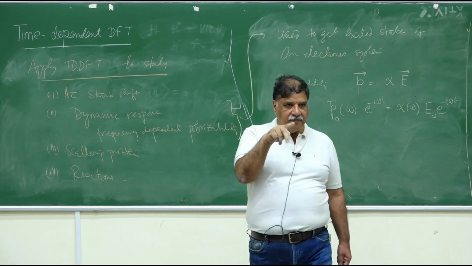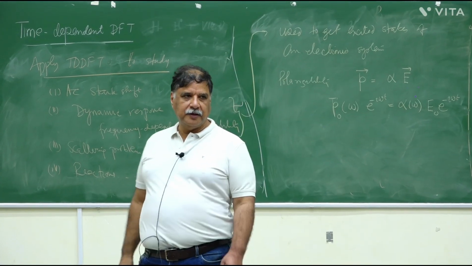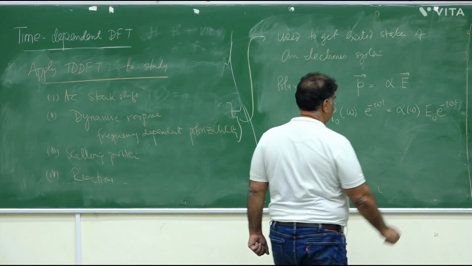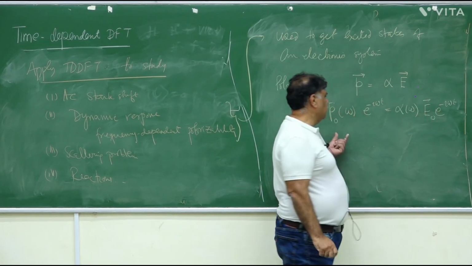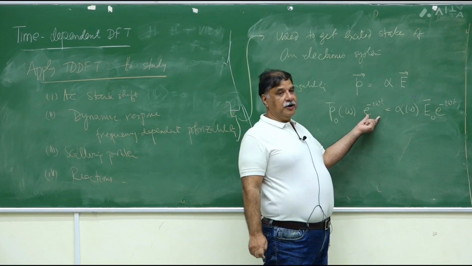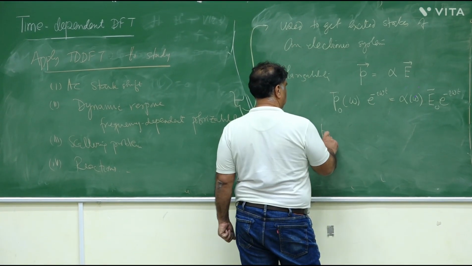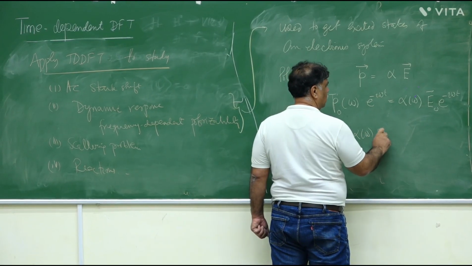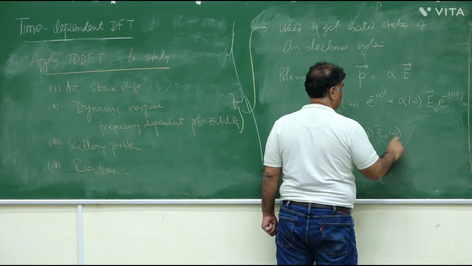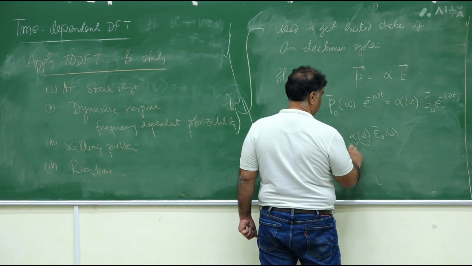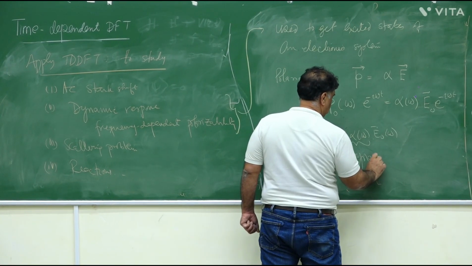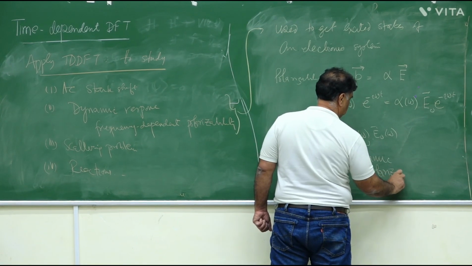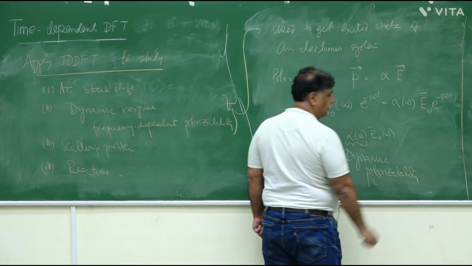So if I apply a time-varying, harmonic, pure frequency electric field, the system develops a dipole, which is also periodic in time. So P0(omega) equals alpha(omega) E0(omega), if you like. This is the dynamic polarizability.